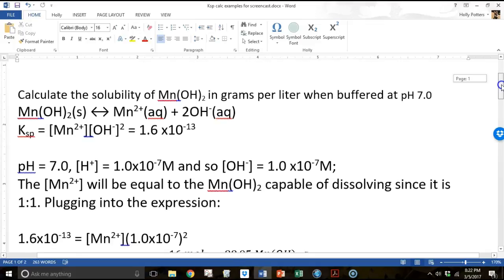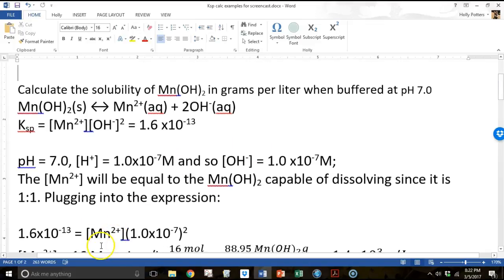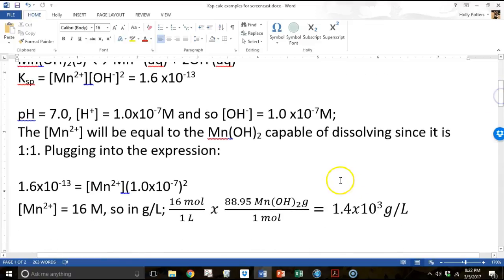So plugging in the numbers to the expression, if this concentration is 1 times 10 to the negative 7th, that is squared. Make sure you use the equation, write it out so you can use it. So that's squared. Looking for the manganese concentration, you end up getting 16 molar. So again, stop and crunch the numbers. And if it's 16 molar, that's moles per liter, and just converting the moles to grams, using the molar mass for manganese hydroxide, you end up with 1.4 times 10 to the third grams per liter.